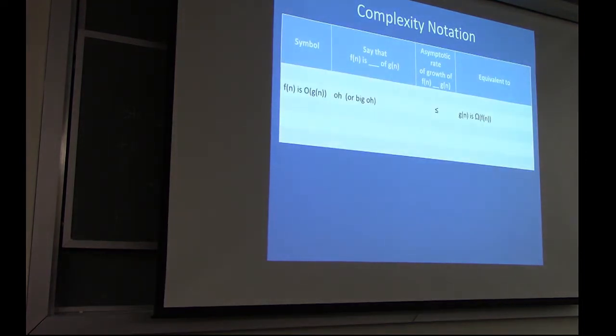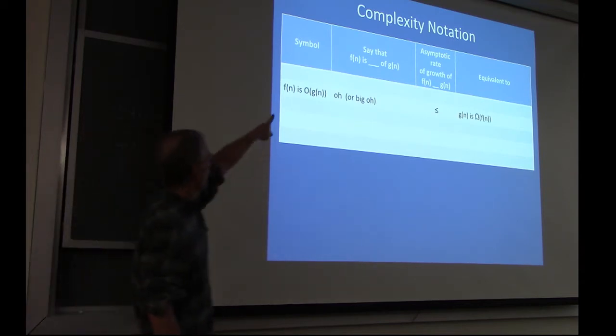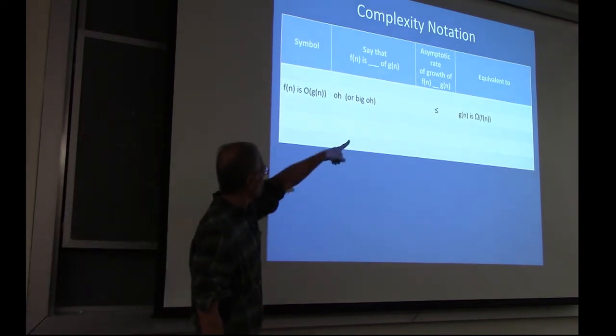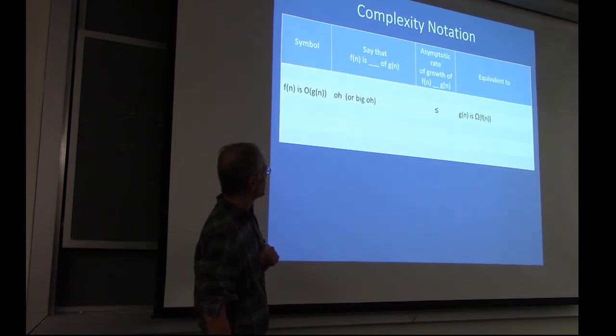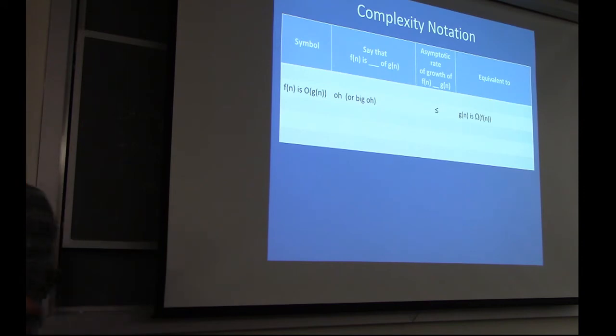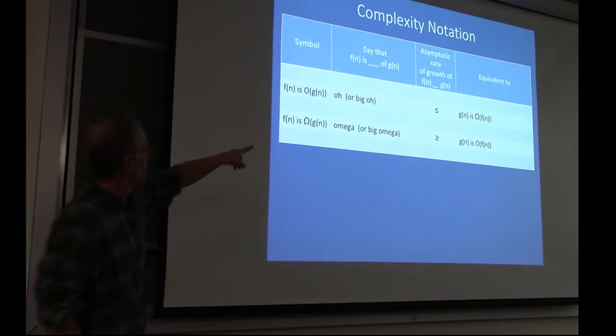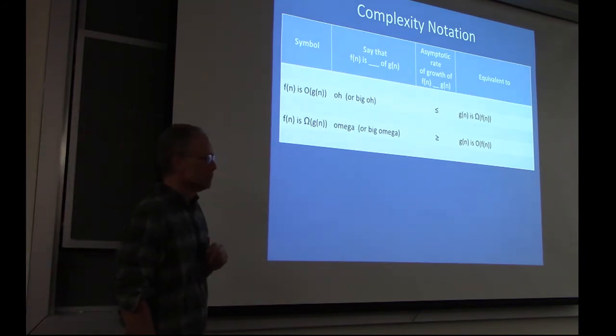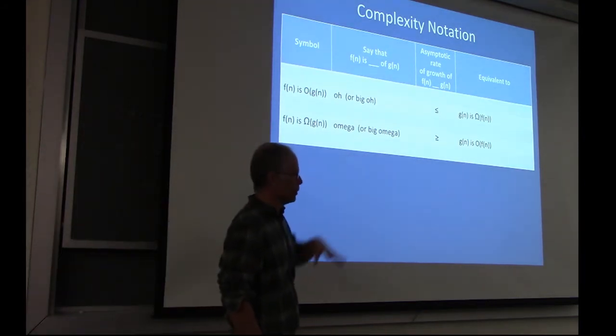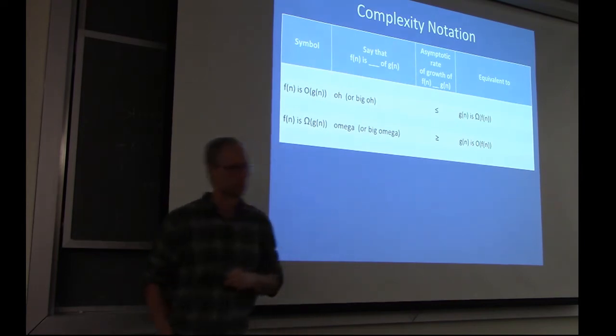So let's look at the notations we have and compare them. We've got big O, which corresponds to rate of growth is less than or equal to some upper bound. We've got big omega, which corresponds to greater than or equal to when you're talking about rates of growth.